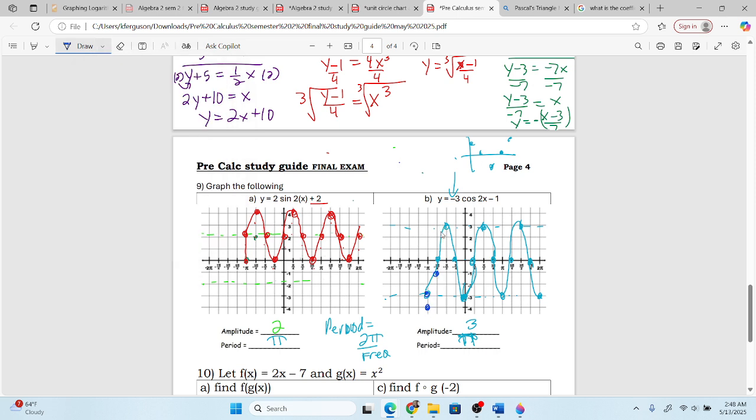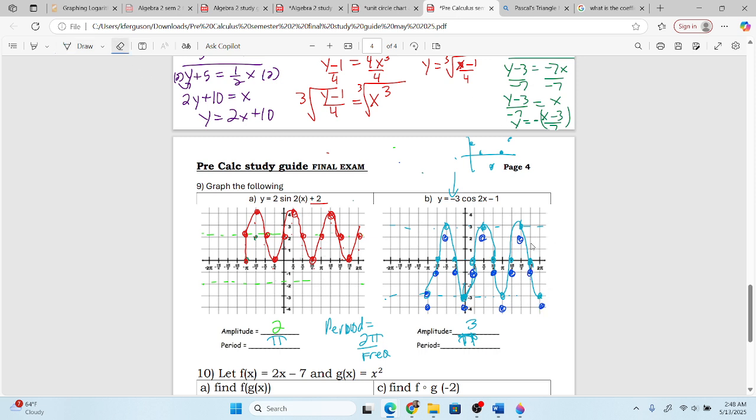Each of these points is going to go down to here.